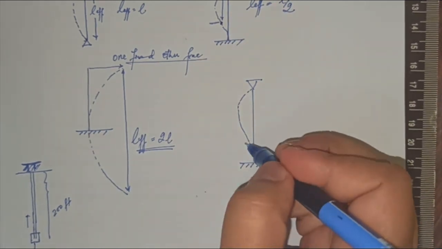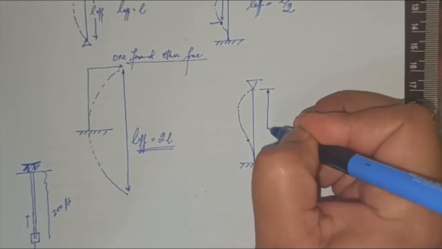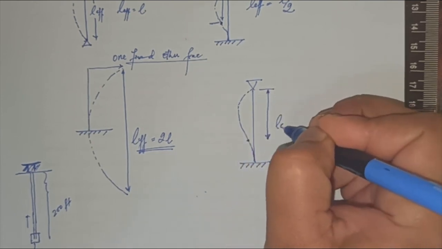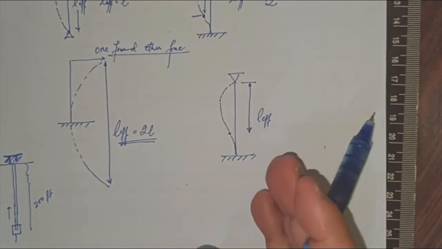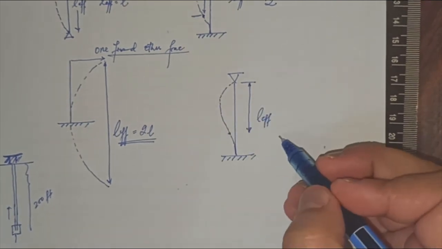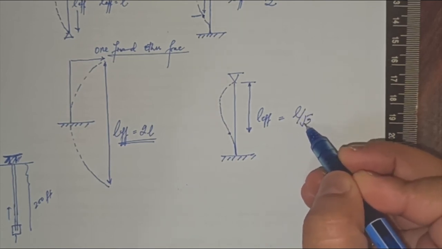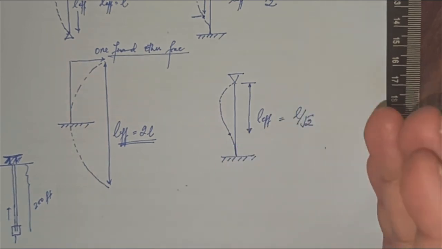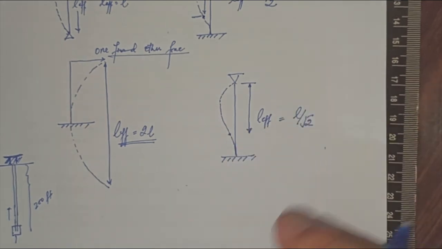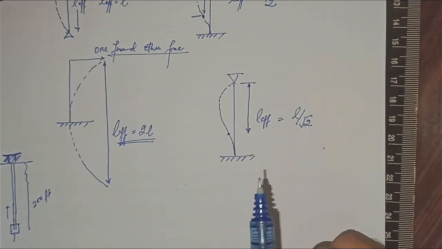So only this effective length is L effective. Again, approximately 25% is eaten up. So L effective will be equal to L by square root of 2, that is 1 by root 2. Root 2 is approximately 1.4, so you can invert it, and you can see that approximately 70% effective length is available to you.